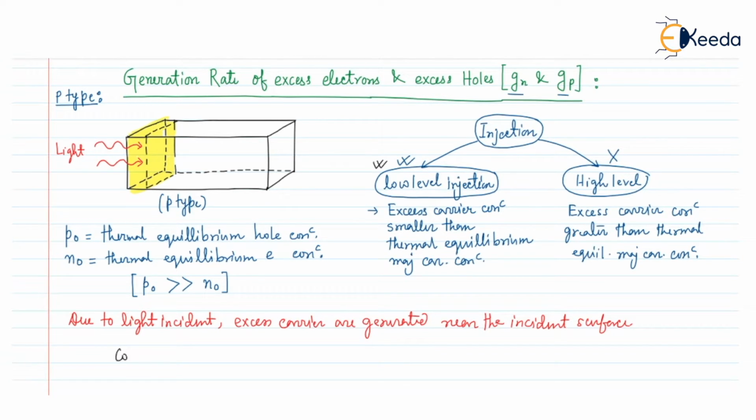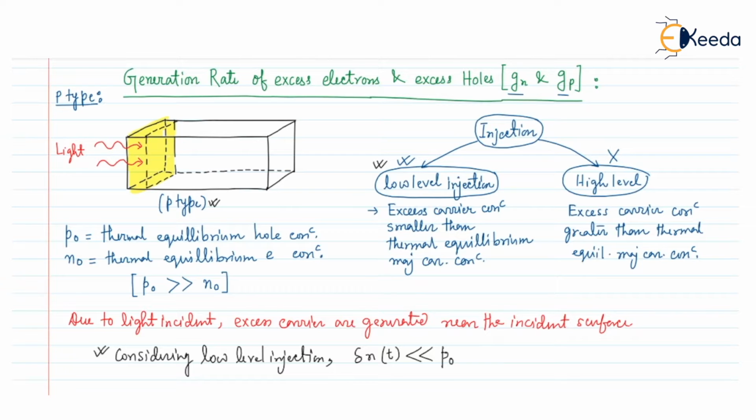In low level injection, since it is a p-type semiconductor, the excess minority carriers that will be generated, that is delta n(t), a function of time, will be very much smaller than the majority carrier concentration P0, because it is a low level injection.